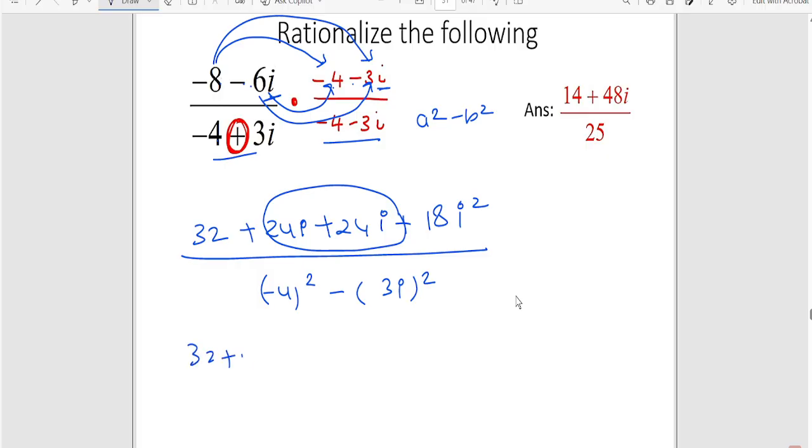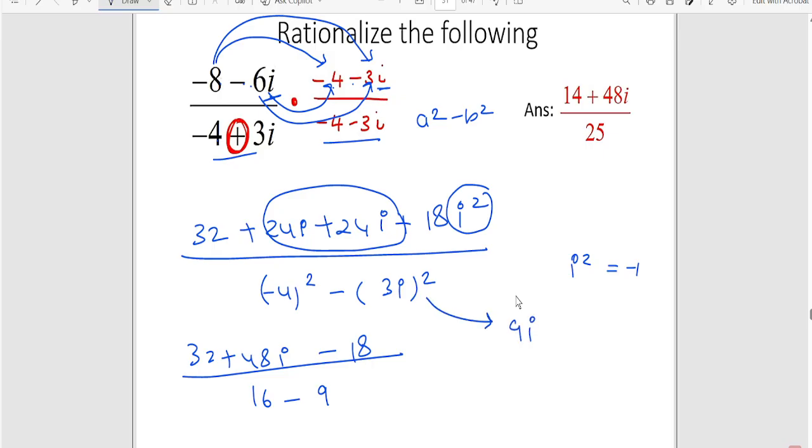So 32 plus 48i minus 18, because in place of i square I'm going to put negative 1. 4 square is 16 minus 3 square is 9 i square. In place of i square, I plug negative 1, so this will become negative negative positive 9, right?